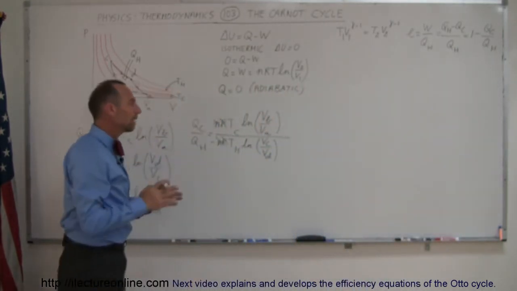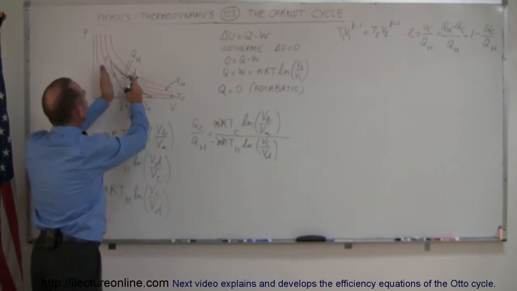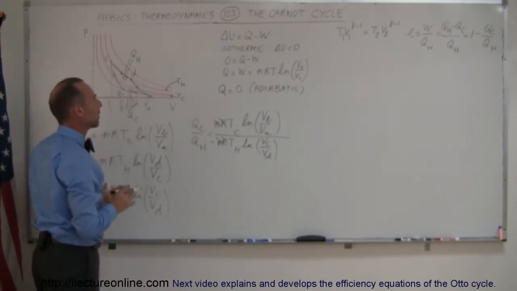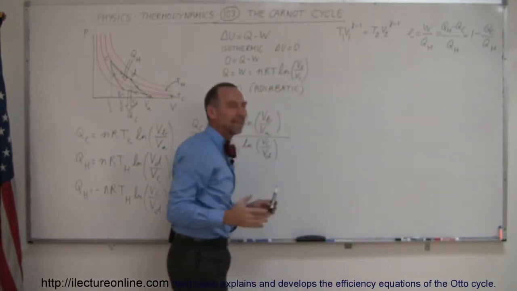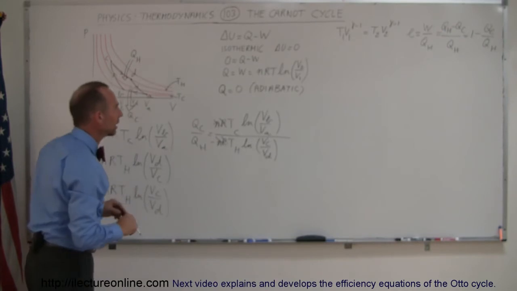So the next thing we're going to do is look at the adiabatic part of the cycle right here, the two adiabatic processes, and use this equation to relate temperature to volume as well. And then we should be able to solve those two equations simultaneously.